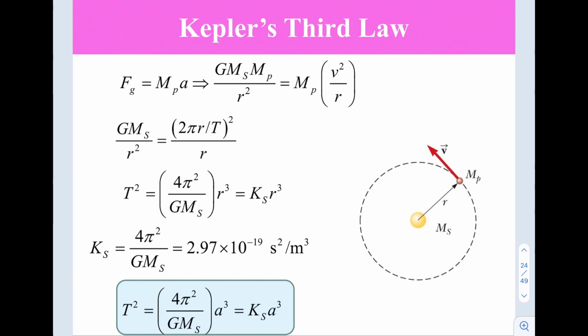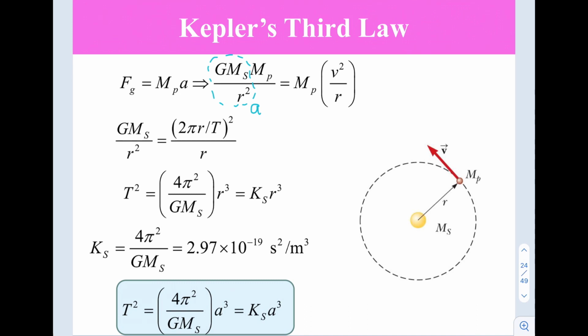Now the third Kepler's law. We know that gravitational force is equivalent to ma, obeying Newton's second law. So the mass of the planet times the acceleration experienced by it. The mass of the planet is this, and the rest is our A, the gravitational acceleration.